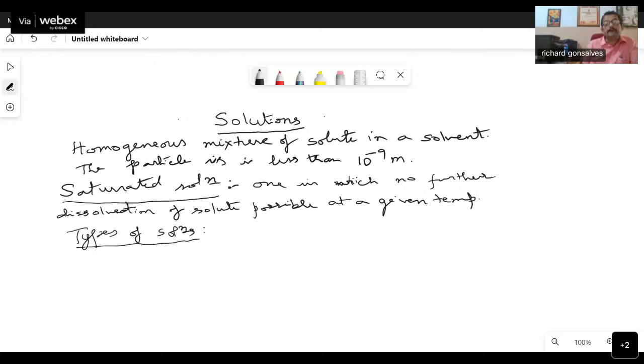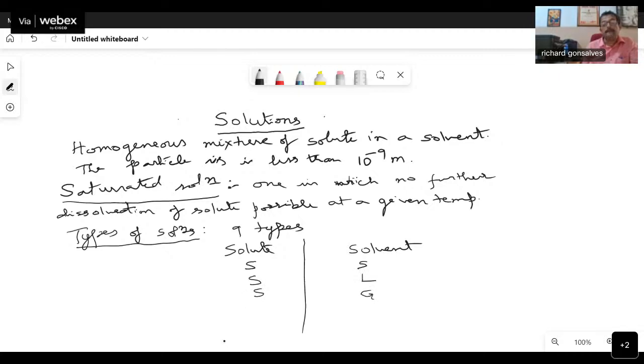You can have 9 types of solution. Which are the 9 types we can take? You have solute and solvent. I will write here. One side solute, another one solvent. Now we know that matter exists in 3 states. Here I can have solid, here I can have solid. Here I can have solid, here I can have liquid. Here I can have solid, here I can have gas.